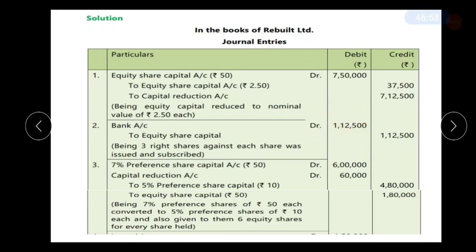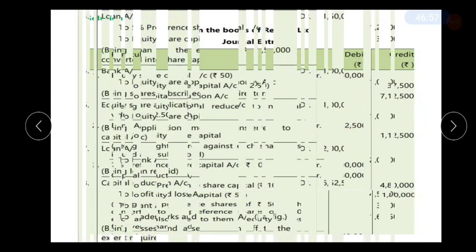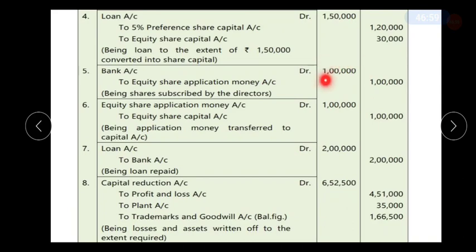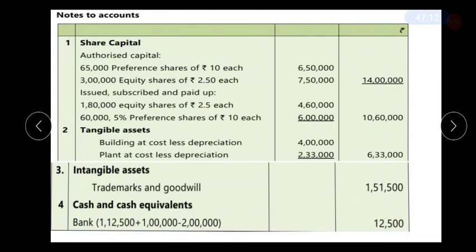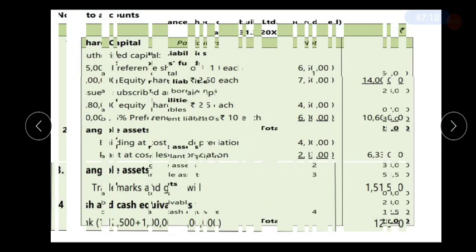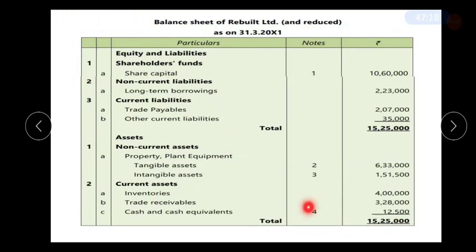That is a receipt. Next, here we have a 1 lakh receipt. Minus we have paid 2 lakh. To repay the loan, we have paid 2 lakh, right? So wherever we have a debit balance, add it. Wherever we have a credit balance, deduct it. So you will get the net. That is cash and cash equivalents, 12,500. It's a net amount. So that will go to the balance sheet. Balance sheet credit side, 12,500.